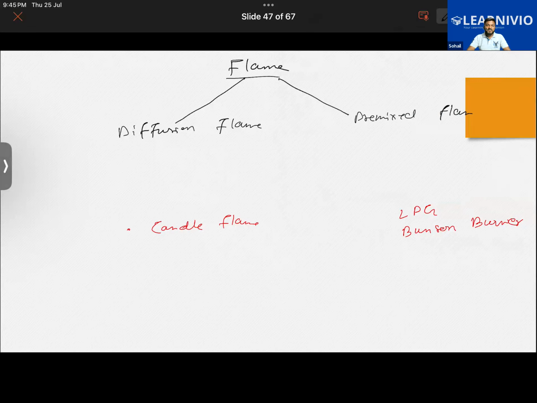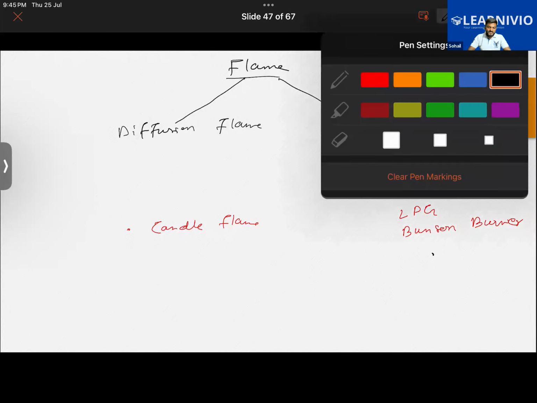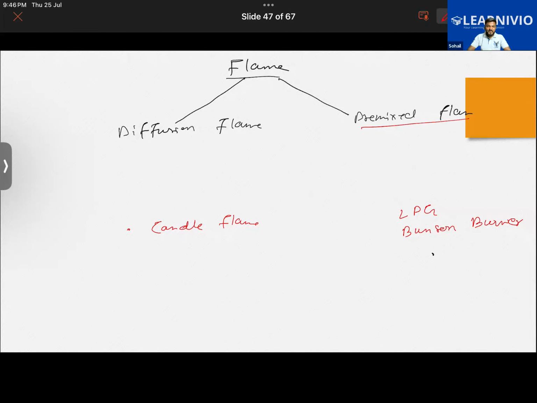If you have to heat a mixture of chemicals, then you can use that. So the kind of flame that you will see coming out of a Bunsen burner and due to burning of LPG will be a pre-mixed flame, right? So why are they classified into two types and what is the thing about them? First of all, let us talk about the pre-mixed flame.